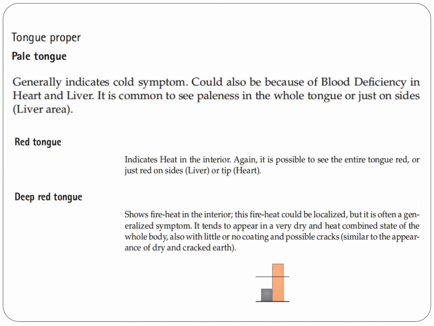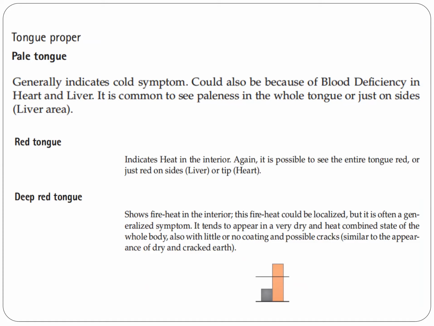Now, a red tongue indicates heat in the interior. Again, it is possible to see the entire tongue red or just red on the sides, in the liver area or tip. Then a deep red tongue shows fire heat in the interior.